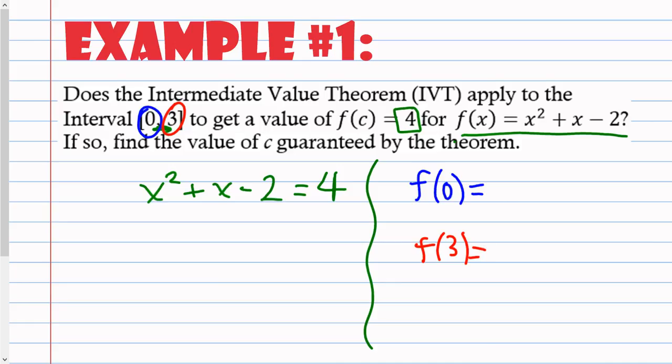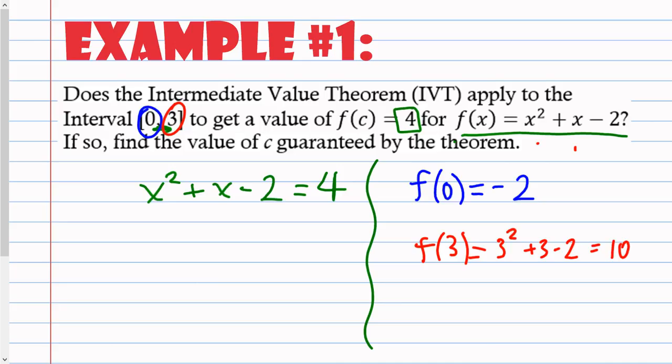So I plug in 0, and I get 0 plus 0 minus 2. And then I plug in 3, and I get 3 squared plus 3 minus 2. So let's see, 9 plus 3 is 12, minus 2, so that's 10.